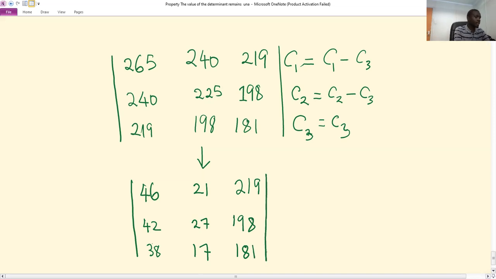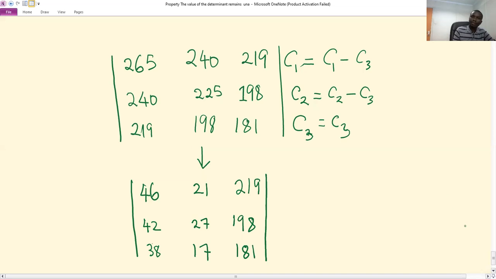The value of the determinant doesn't change because we have just done addition of scalar multiplication of one column to other columns.